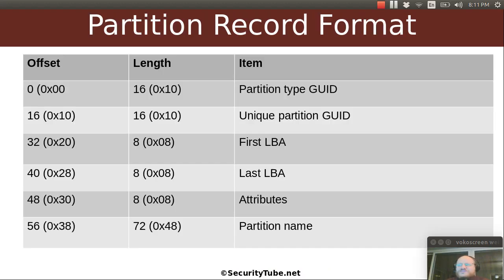So each partition record starts out with a partition type GUID, and these are from a set of predefined types.